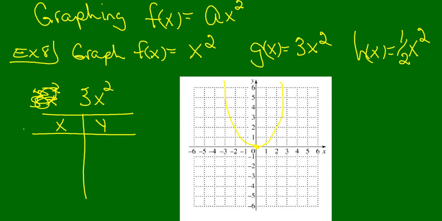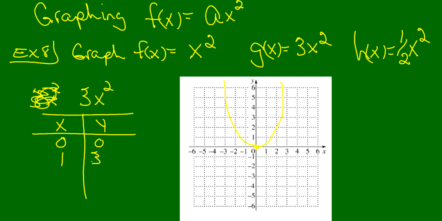If x equals 0, y will equal 0. Notice I have the same origin that I'm going to start at. And then if x equals 1, y will equal 3.